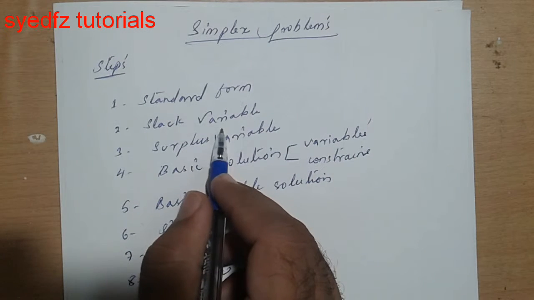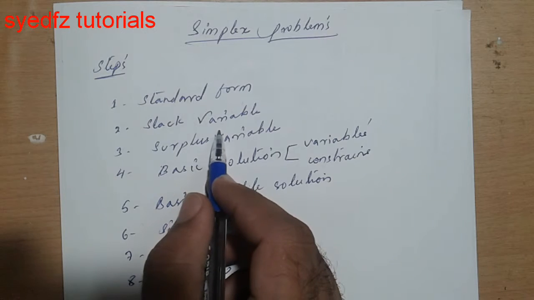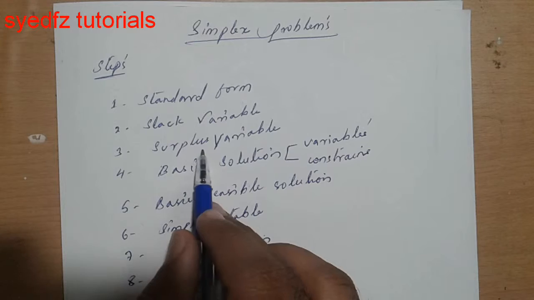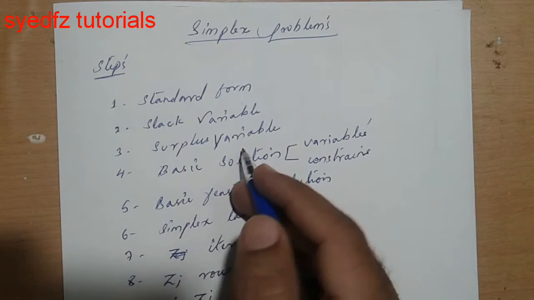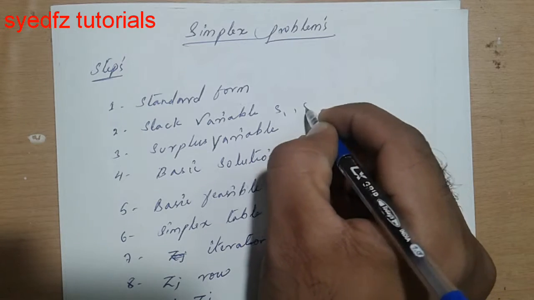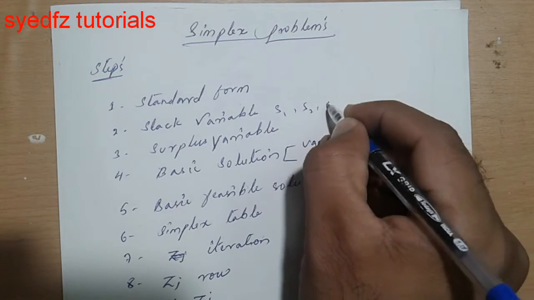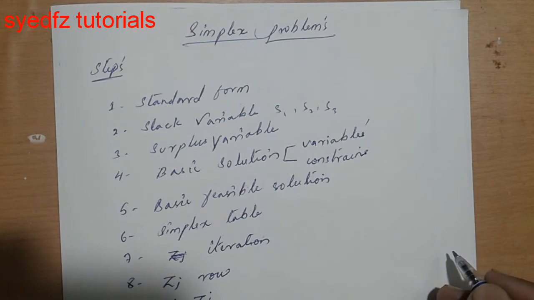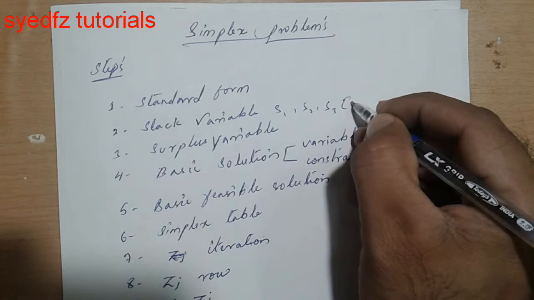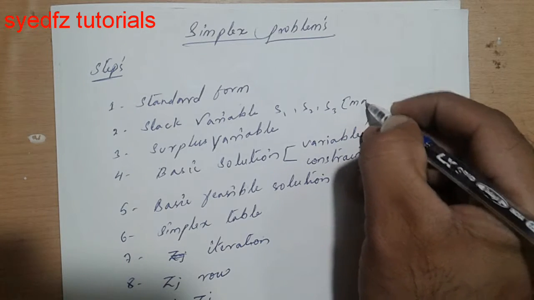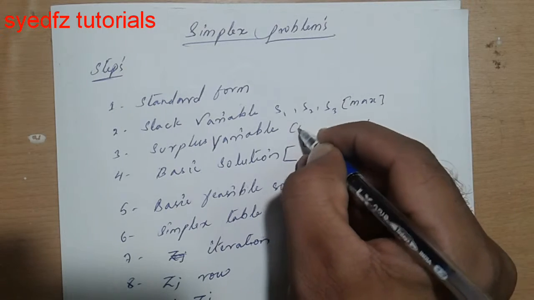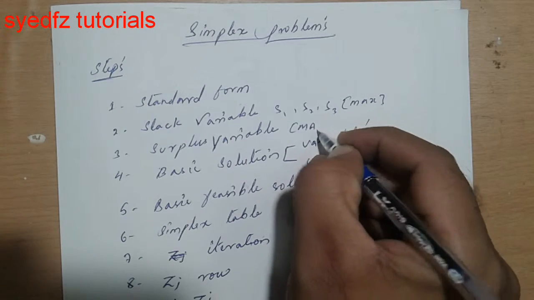Second, slack variables are required to start the simplex problem, for example slack variables like s1, s2, s3. Surplus variables are for the minimization problem, not for maximization.